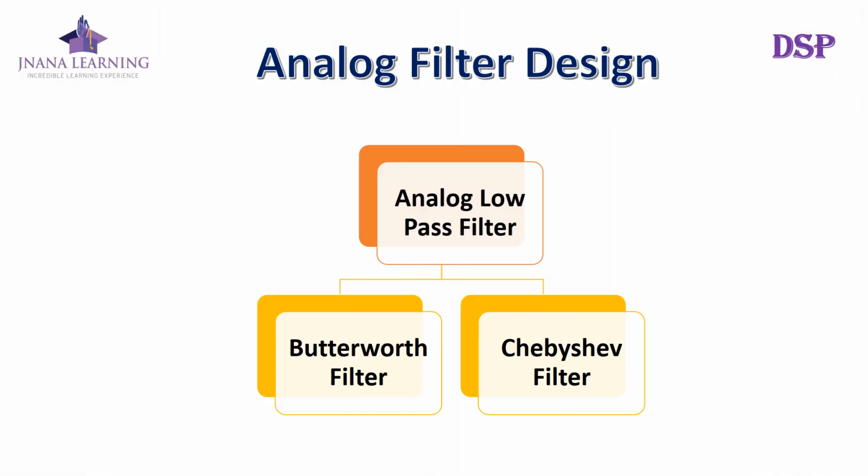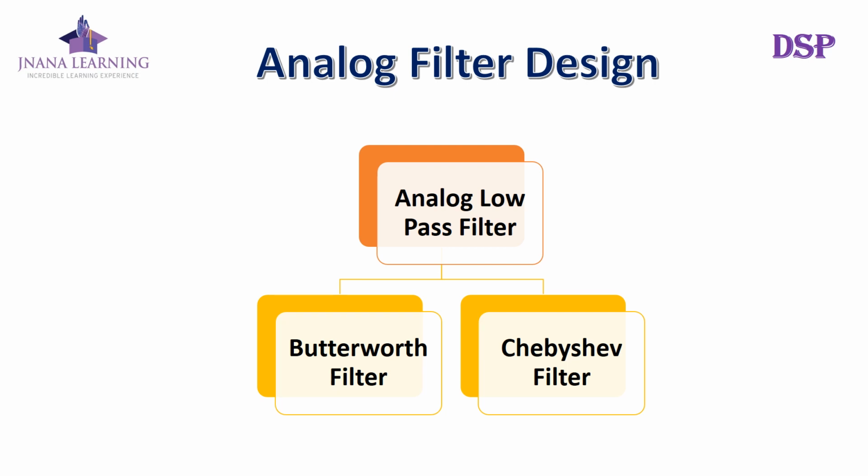First of all we will discuss the designing of the analog filter. From the given specification, first we will design an analog prototype filter, especially an analog low pass filter. Then if the requirement is for a high pass filter, band pass filter or bandstop filter, it is transformed from this analog low pass filter to the required filter.